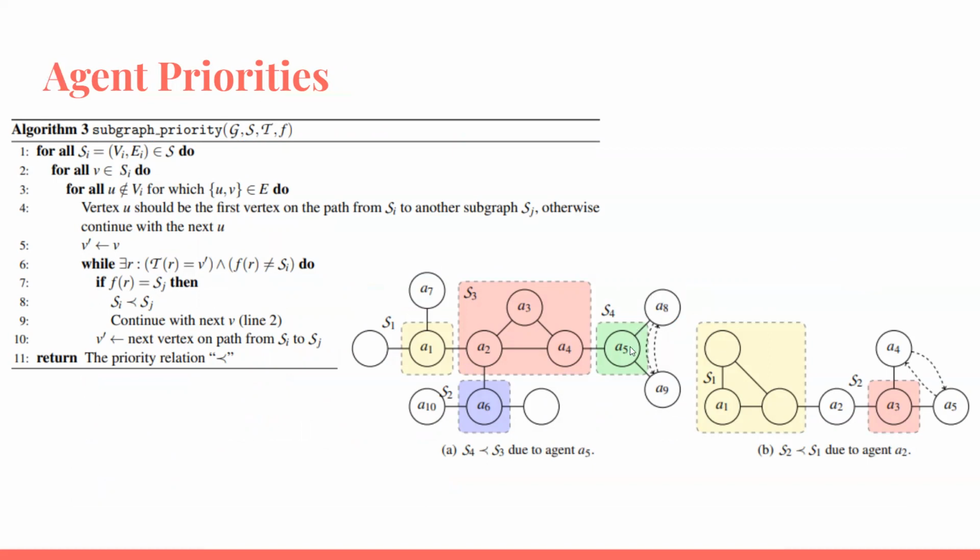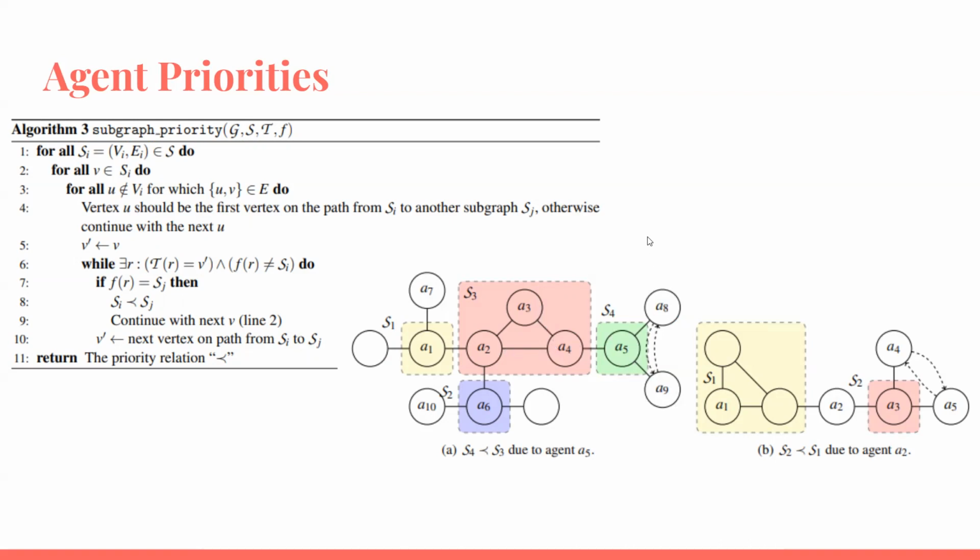So in an instance here where 8 and 9 are trying to move, we would need to set the vertices or the agents in the subgraph S4 as a higher priority because we have to move these out of the way in order to perform this exchange operation. And if this is locked into place, because if S3 has a higher priority and this can't move, then we have caused a failure by being unable to order this aspect.